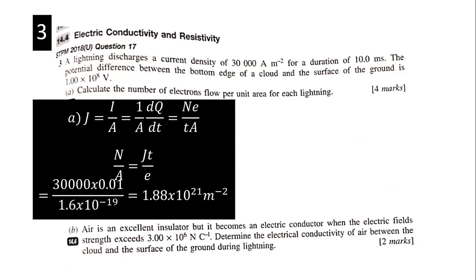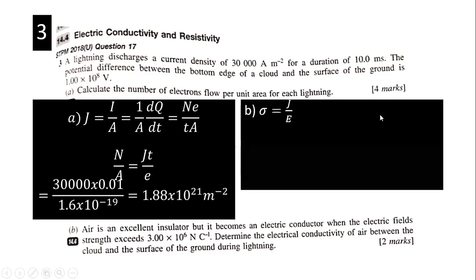Yeah, how are J and E related to conductivity? J equals to sigma E. Yeah. Conductivity, J over E, definition. Put in your value of J. There's a value of J. And then there's a value of E. And calculate out.